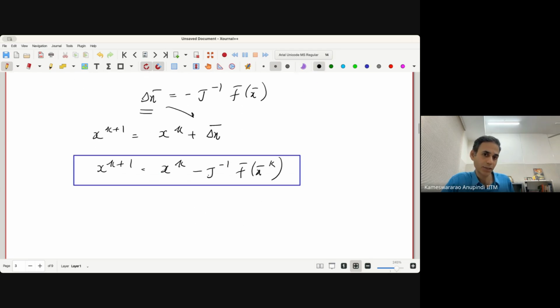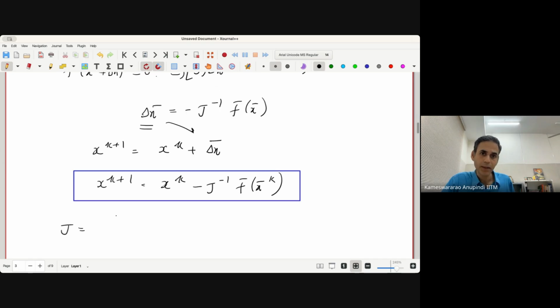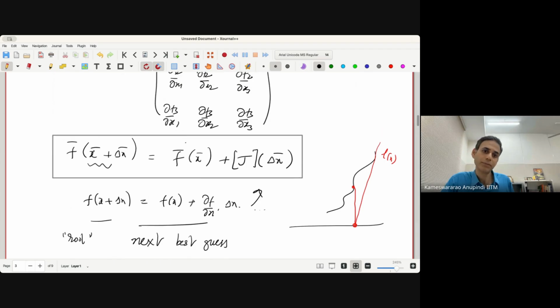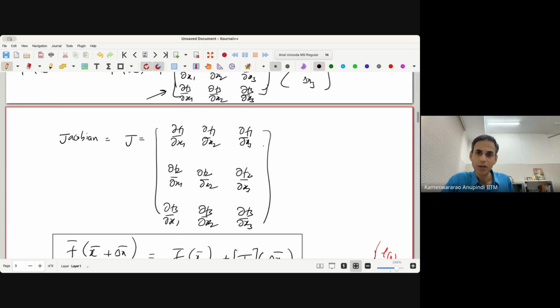Okay. Now, what is this J inverse? We wrote J as partial f, as this thing. This is nothing but f bar prime of x k, right? All these things are evaluated at x bar equals x bar k. So this is f bar prime of x k. I can write it like that, because prime means derivative.